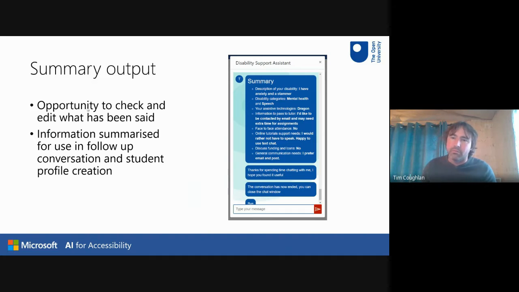The goal we achieved here was to replace the form with this assistant. At this stage, it's not about replacing the advisor conversation at all. It's really about doing a better job of that step with the form.